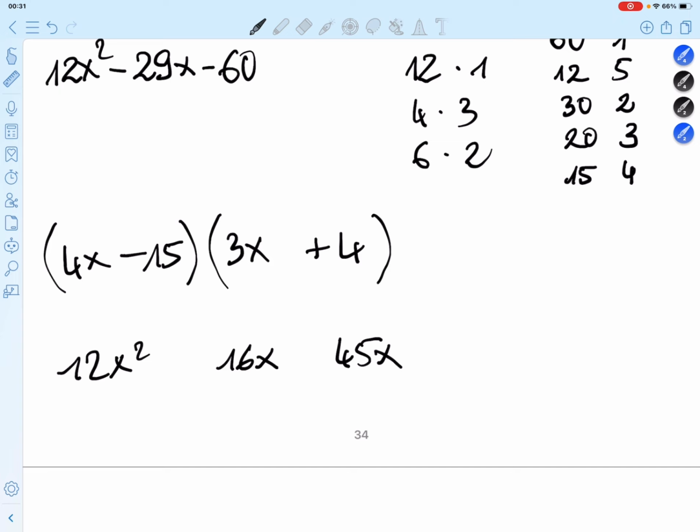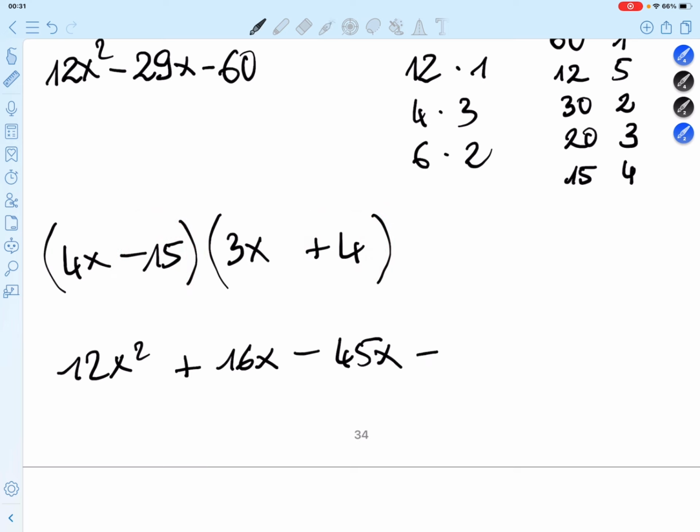So it means here if I do this times this, I'm gonna get 12x squared. Then 4x times 4 is the plus 16x. Then minus 15 times 3 is minus 45x. And then this one times this is what?